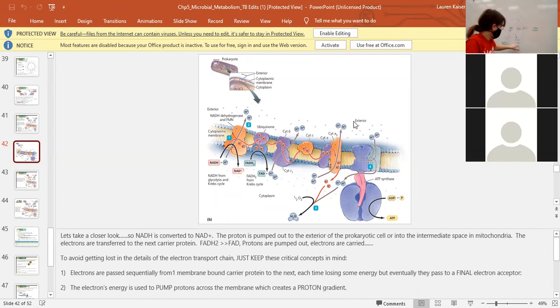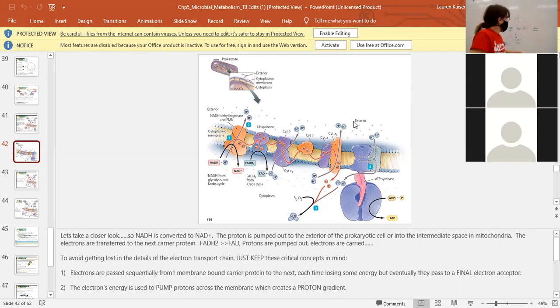NAD negative, FAD negative. Got the lack of electrons on this side, lack of hydrogen on this side. Because when these are broken, the NAD and the FAD can be reused. They can go back into the Krebs cycle. But the hydrogen just gets pumped out. And the hydrogen is what makes all these positives.